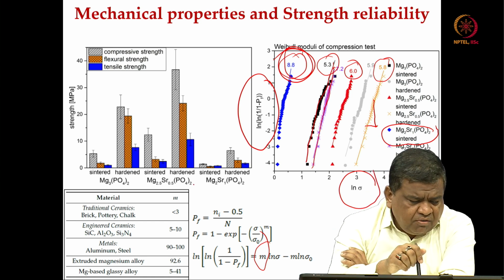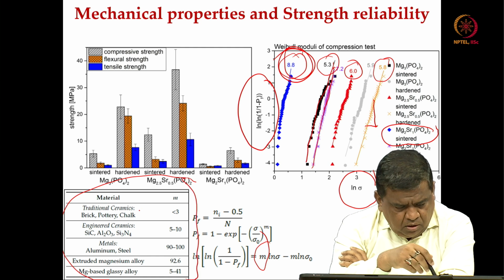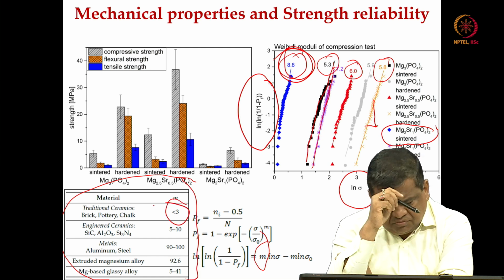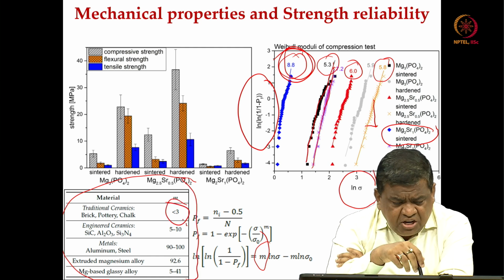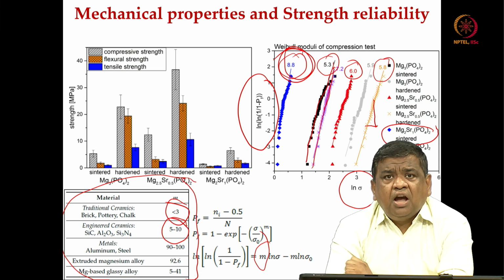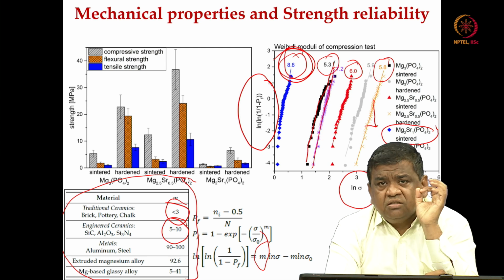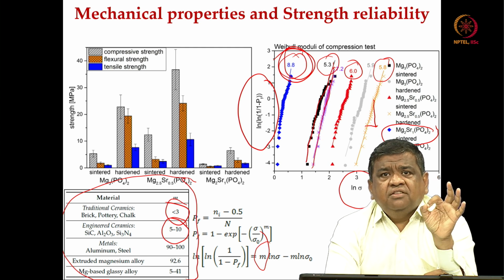If you look at this table, the Weibull modulus of brick, pottery and chalk is less than 3. Engineered ceramics, remember, is 5 to 10. Their Weibull modulus reflects that this is almost 100% dense ceramic.